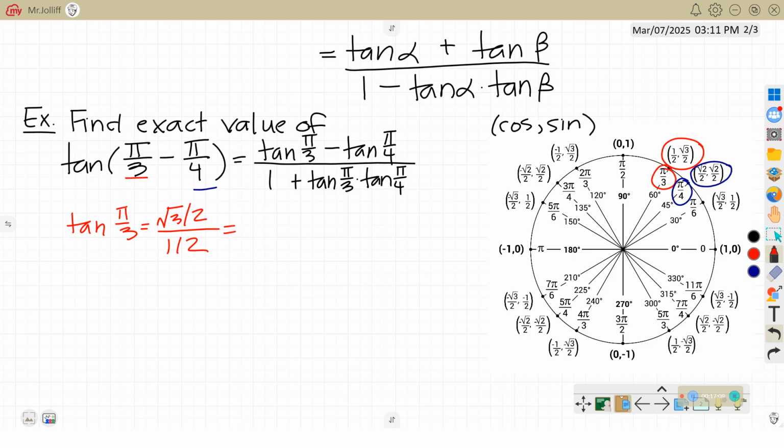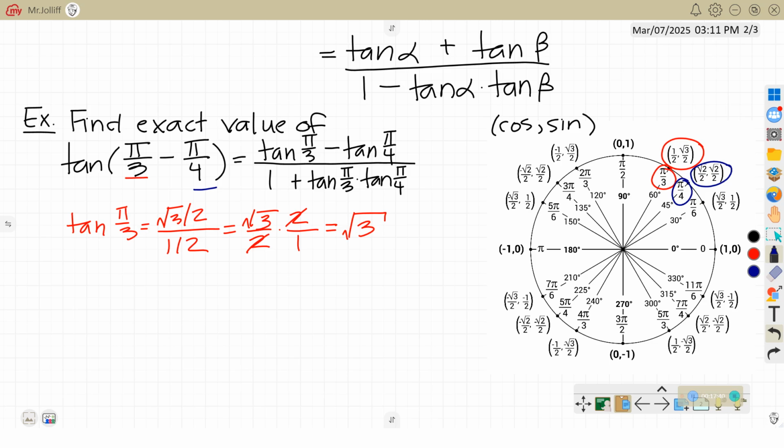I know that this is the numerator, root 3 over 2, times the reciprocal of the bottom. And the 2's cancel, which should usually happen because all of those fractions are over 2. And I'm left with root 3 over 1, which is just root 3. That makes me happy. That wasn't so bad.